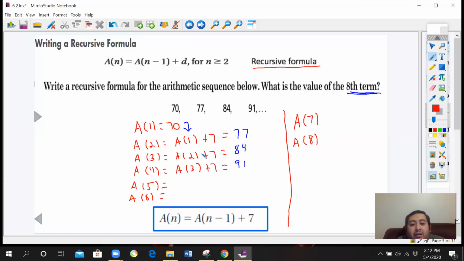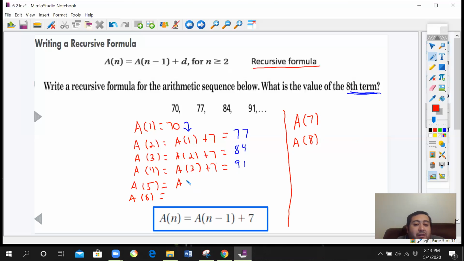Now, you don't have to write all this information. We already know that it's going to be the previous number plus 7. The previous term plus 7. I'm just writing down this extra information.